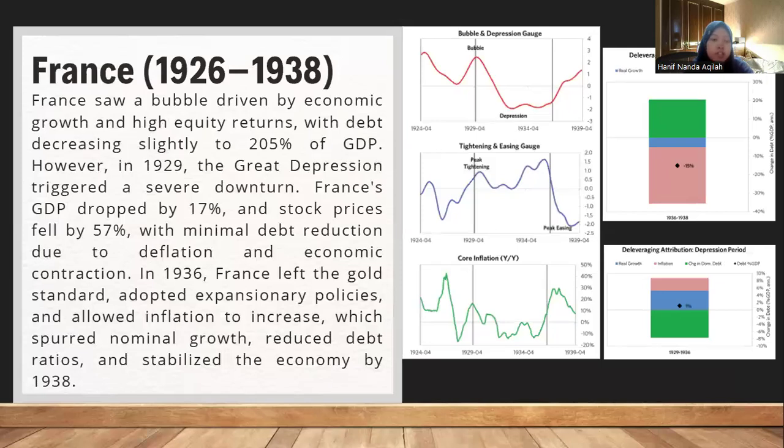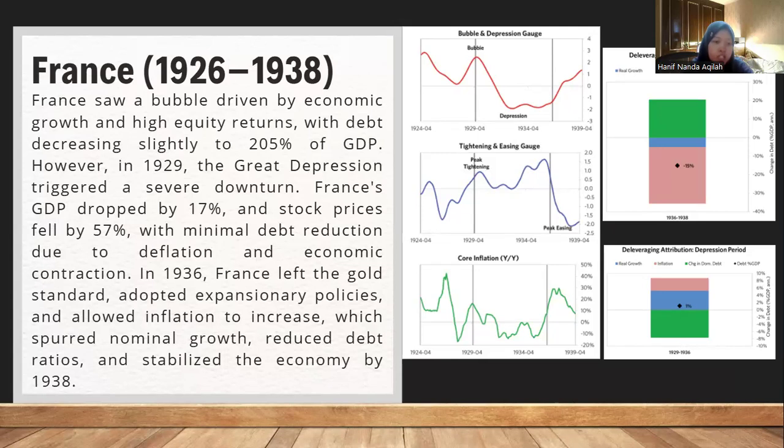The fourth is France in 1926 till 1938, or around 12 years. France saw a bubble driven by economic growth and high equity returns, with debt decreasing slightly to 205%, or 2.05 times GDP. However, in 1929, the Great Depression triggered a severe downturn.